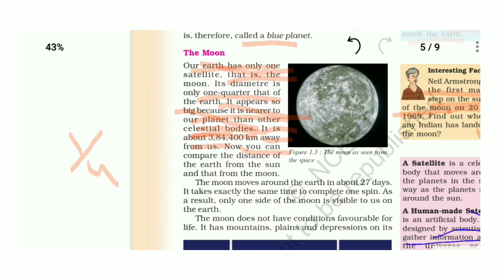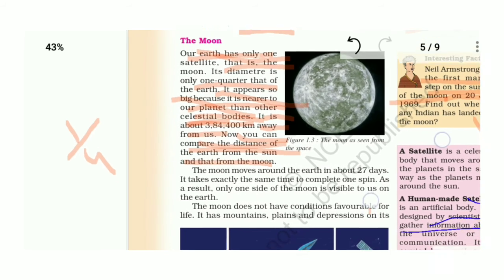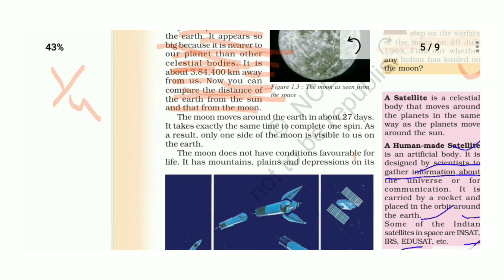Now you can compare the distance of earth from the sun and that of the moon. The moon moves around the earth in almost 27 days, and it takes the same time to rotate. So as a result, only one side of the moon is visible to us.